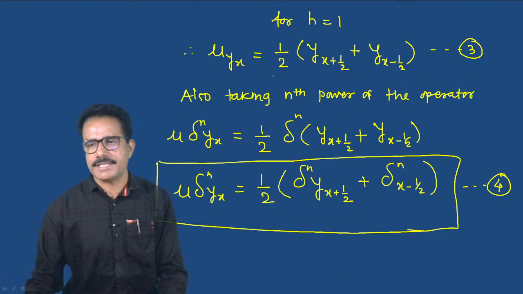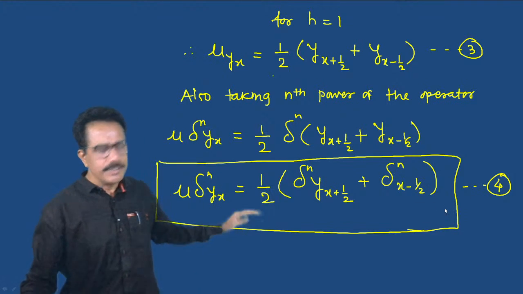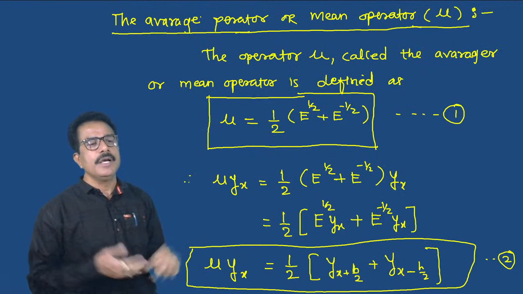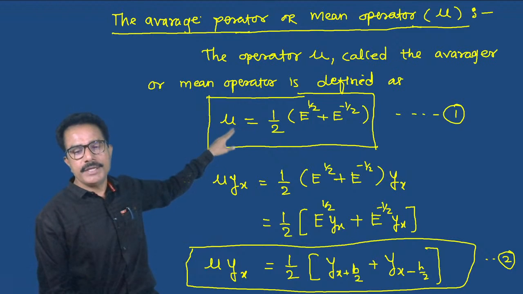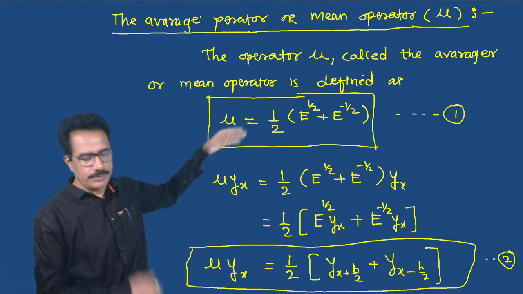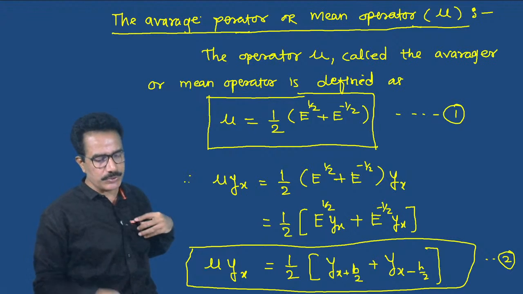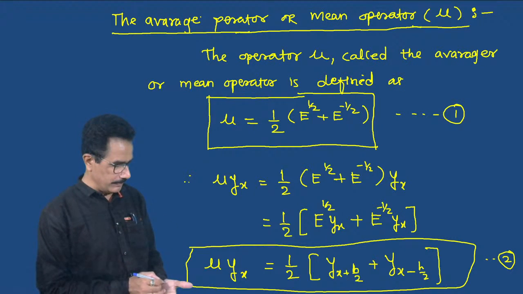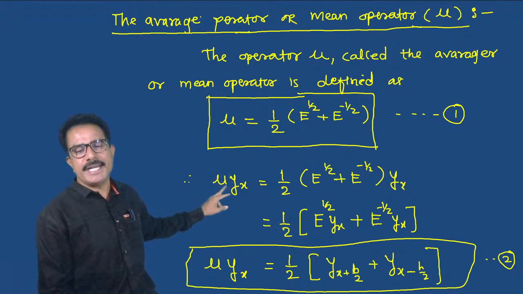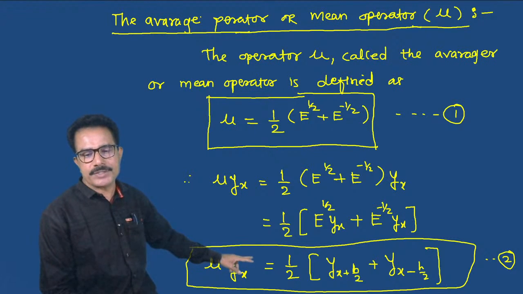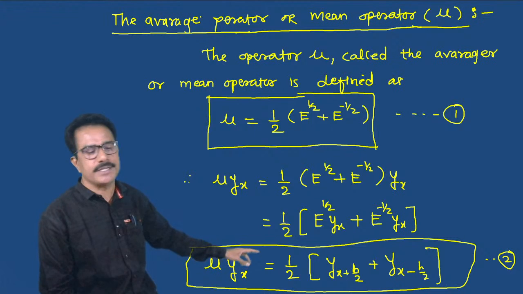Now we shall discuss the next part. Suppose these are the concepts regarding the average operator or mean operator mu. Mean operator mu can be defined as mu is equal to 1 by 2 (e raised to 1 by 2 plus e raised to minus 1 by 2). So we can write mu on yx equals 1 by 2 (y of x plus h by 2 plus y of x minus h by 2).